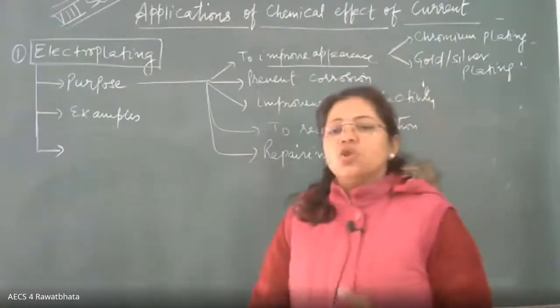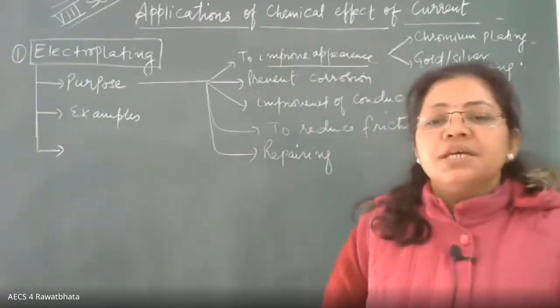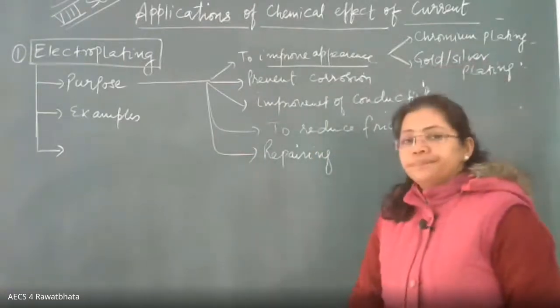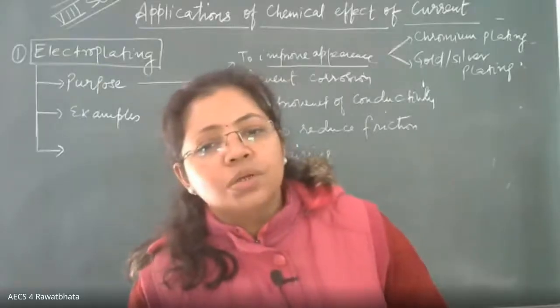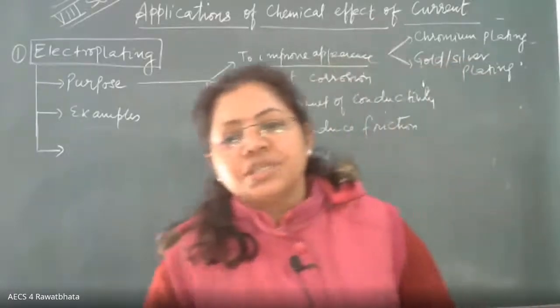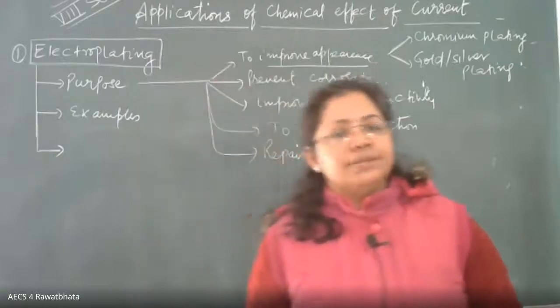Okay, because it does not corrode. Yes, Ananya. Ma'am, same point of corrosion. Okay. Yes, Ashani Chaudhary. It resists scratches. Okay, it resists scratches. Yes, Ahana, what do you want to tell? It gives a shiny appearance.